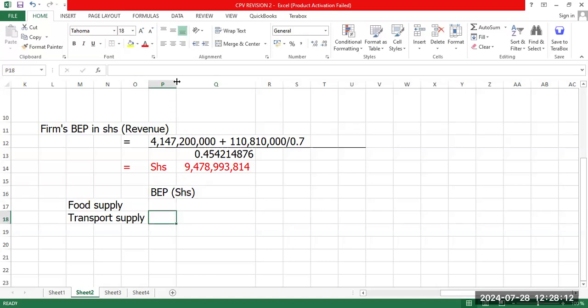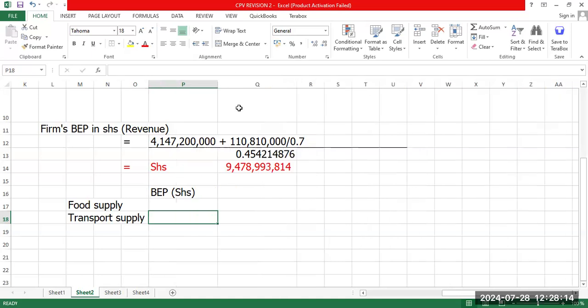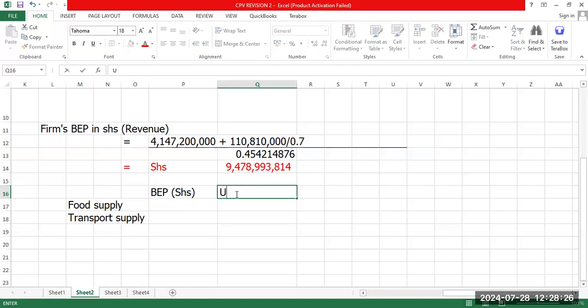Then after that, what we are going to put is the unit commission, commission per order.